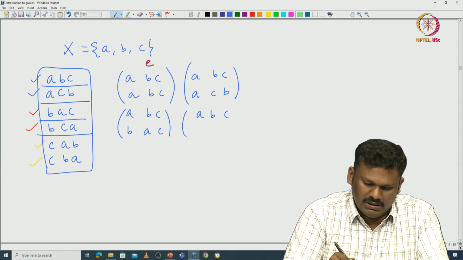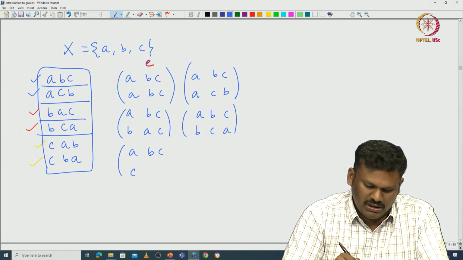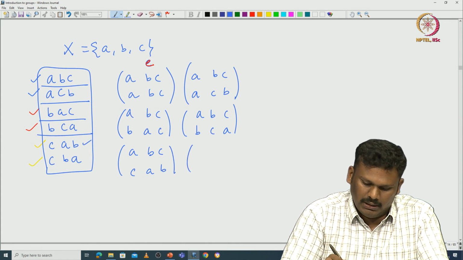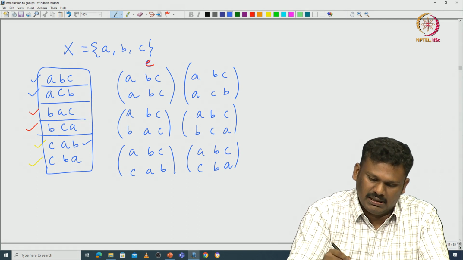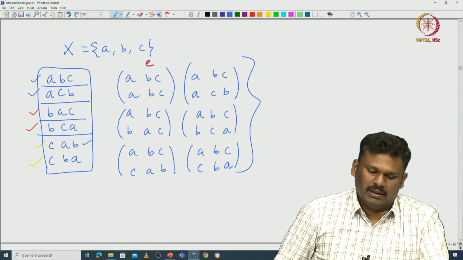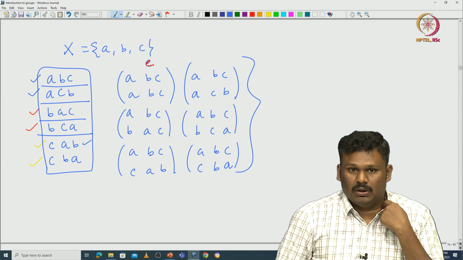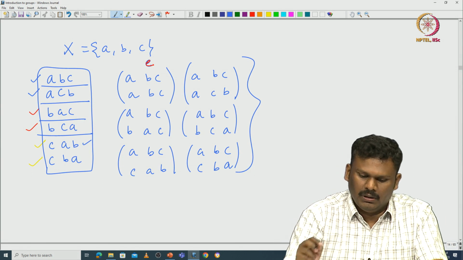Then again ABC, A goes to B, B goes to C, C goes to A. And thirdly, again ABC, A goes to C, B goes to A, C goes to B. Then you have ABC, A goes to C, B goes to B and C goes to A. So, these are all the 6 elements that you get when you look at all permutations of ABC.